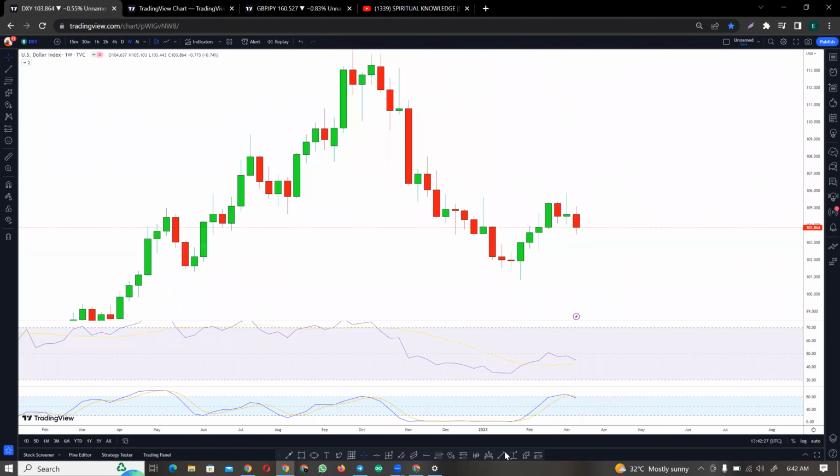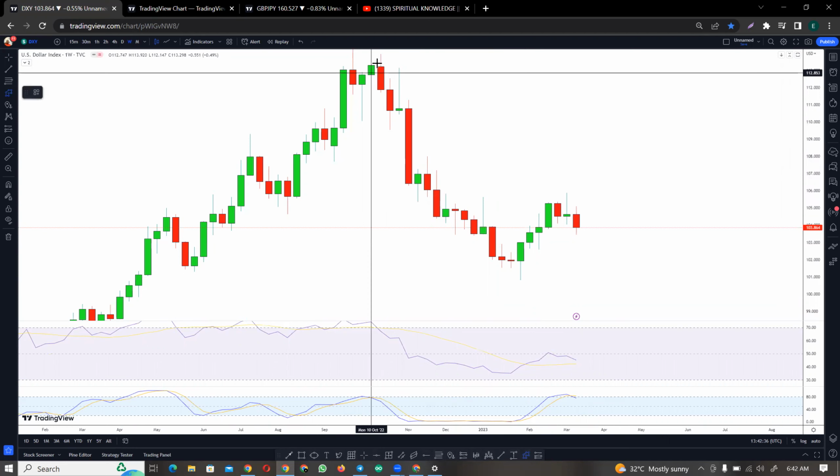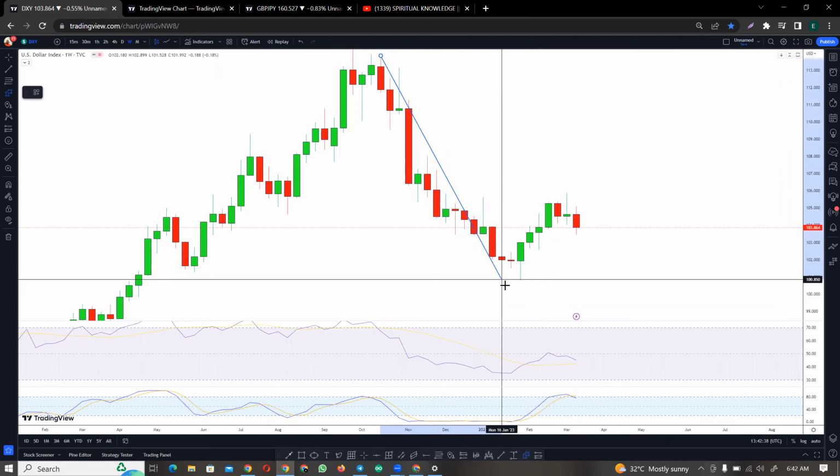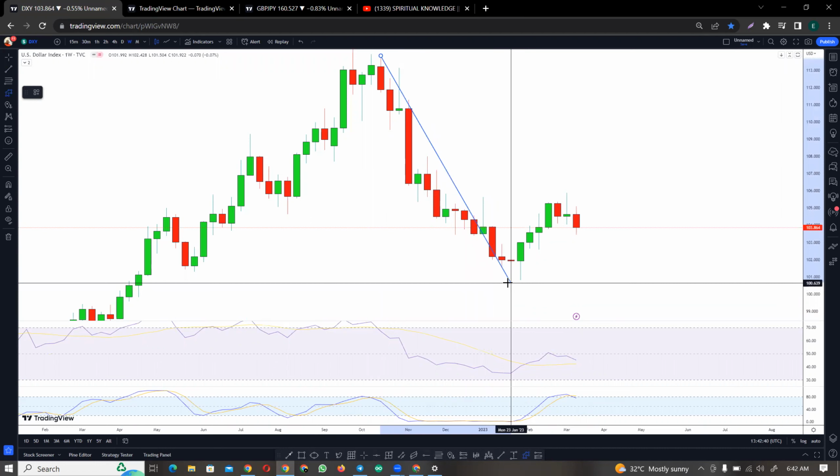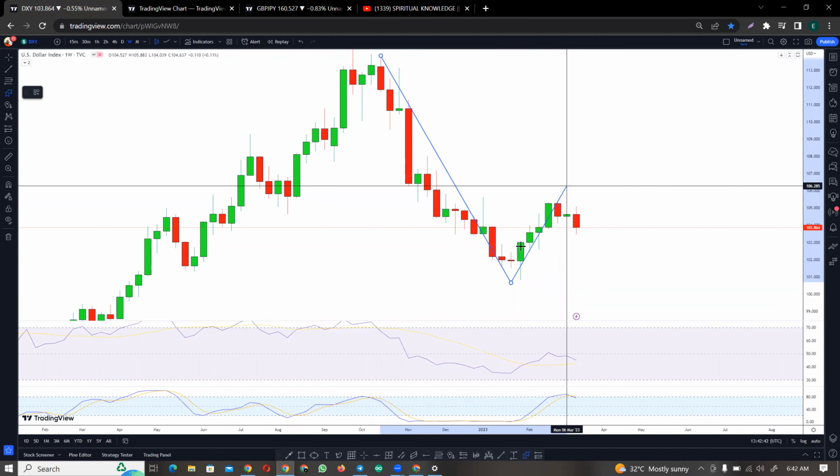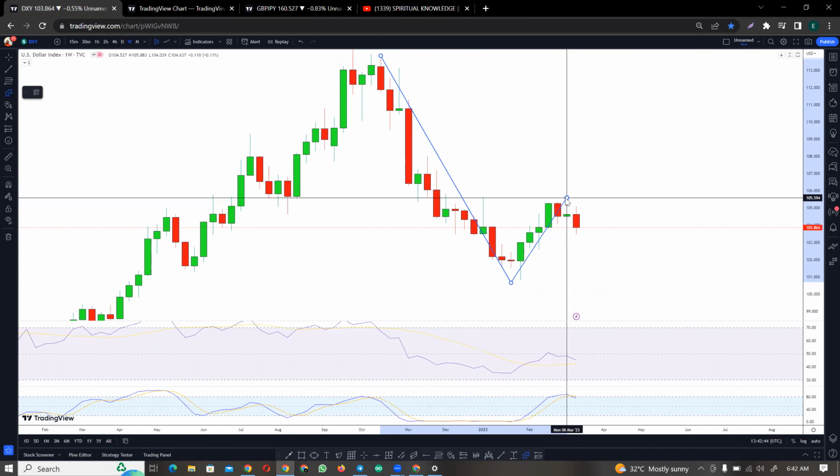So all this leg now will be like one leg. All this leg should act as one leg at its lower low. The market is trying to form a lower high.